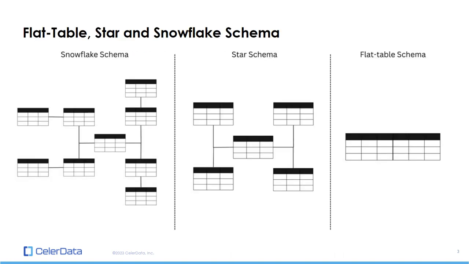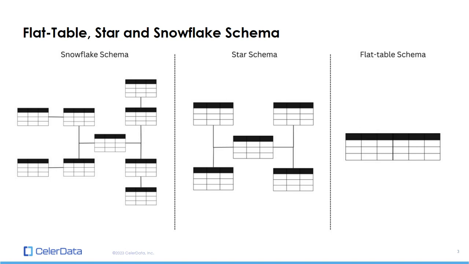From the beginning, in the 1970s when the database management system was invented, it's always been a good practice to keep your data in a multi-table schema, whether in a snowflake schema or a star schema, because data, in nature, is relational.